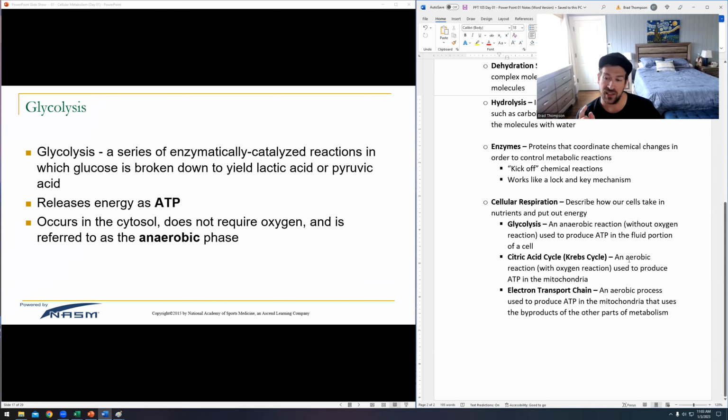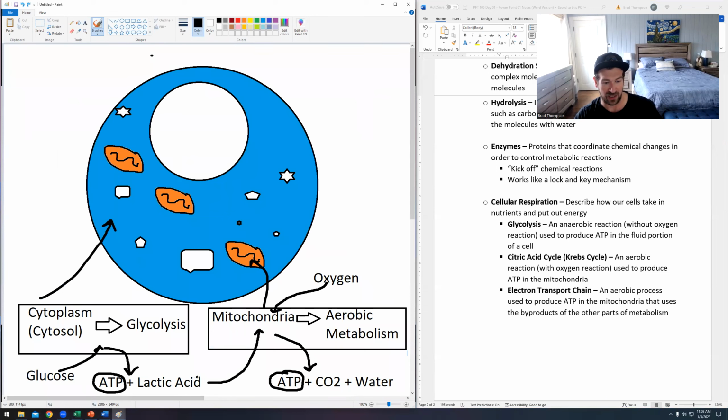And so with that extra lactic acid, it's going to take that lactic acid and add a little bit of extra oxygen to it. And then in the mitochondria, that's where that's all going to move. Lactic acid goes into the mitochondria right here, as well as a little bit of oxygen.